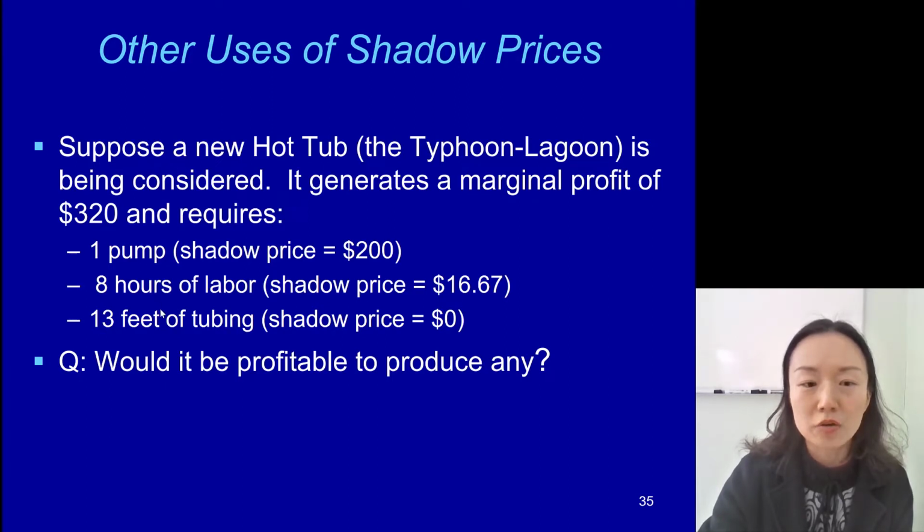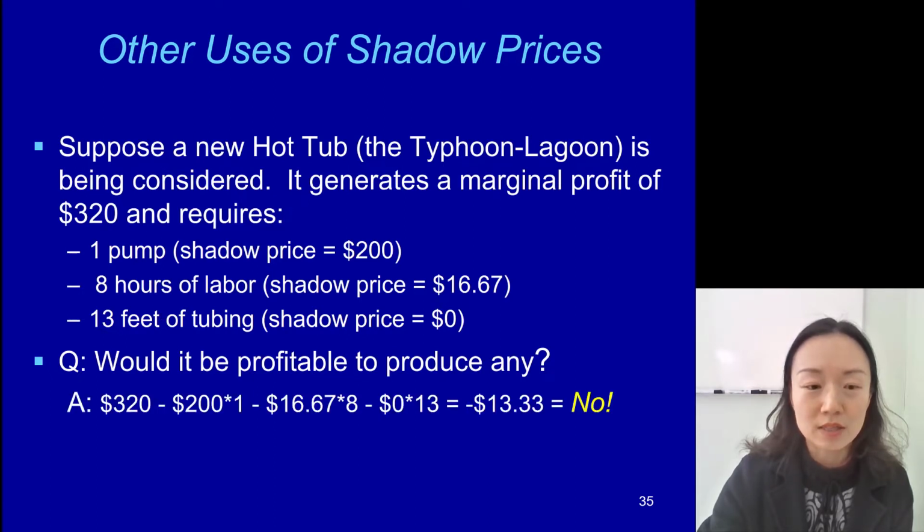Okay, so now if it's profitable to produce any, then we take the difference. The 320 is how much we're going to add to the total profit by producing this new hot tub. But we're going to also decrease the original total profit by this much.